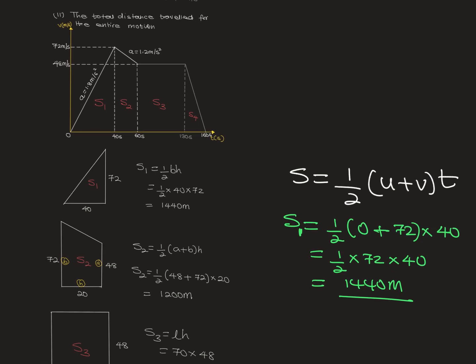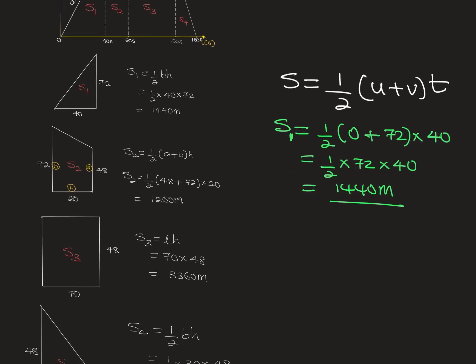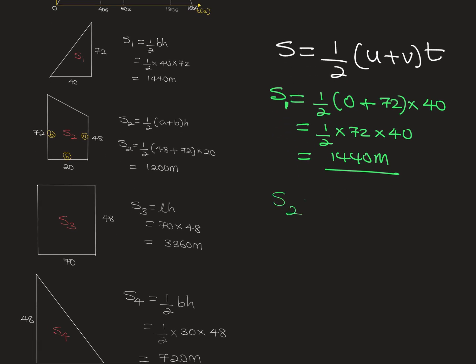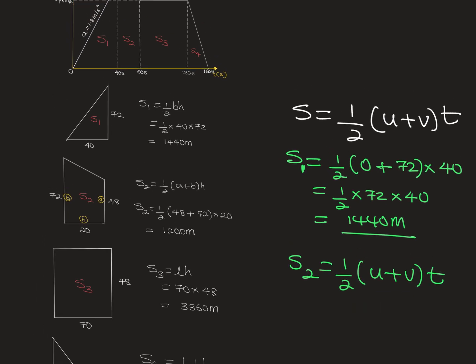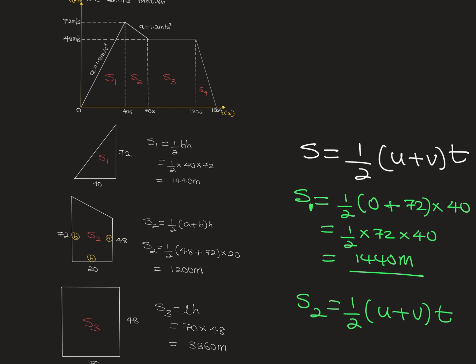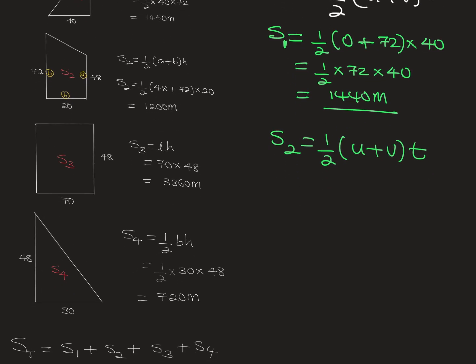Again, using the same formula, S is equal to half U plus V multiplied by T. For the second phase of the motion, the initial velocity is 72 and the final velocity is 48. So let's try to see if that works. S2 is equal to half U plus V multiplied by the time. And what was the time there for S2? The time there was 20 seconds. That is the time interval. So let's substitute the values that we have.